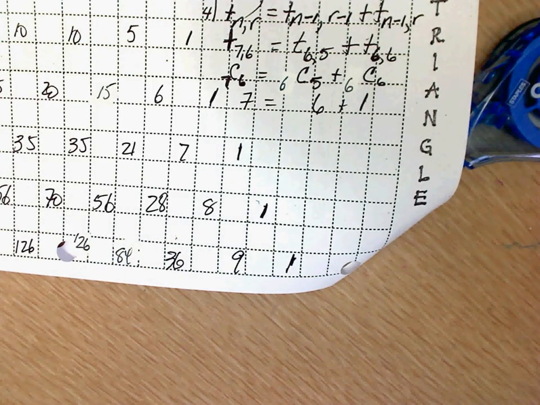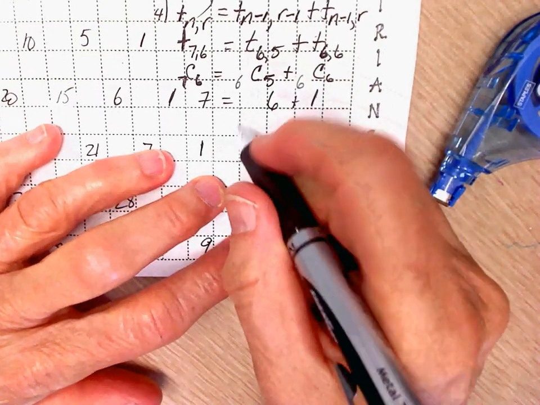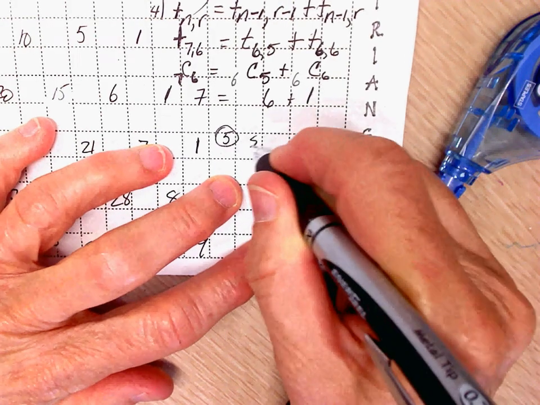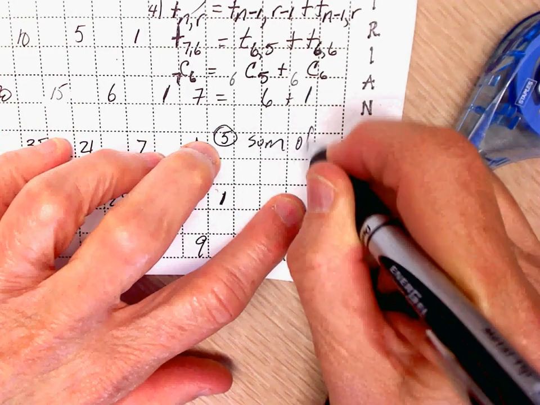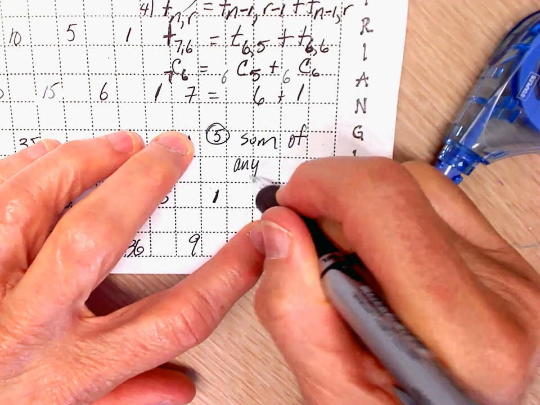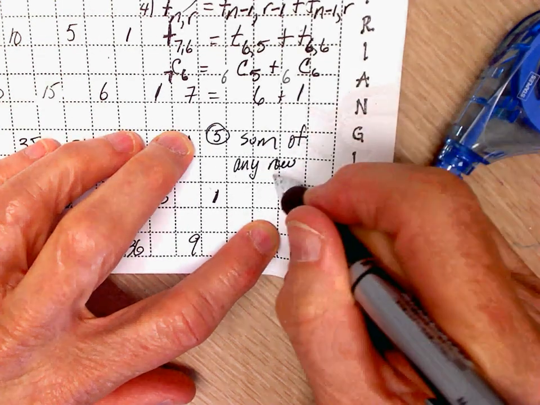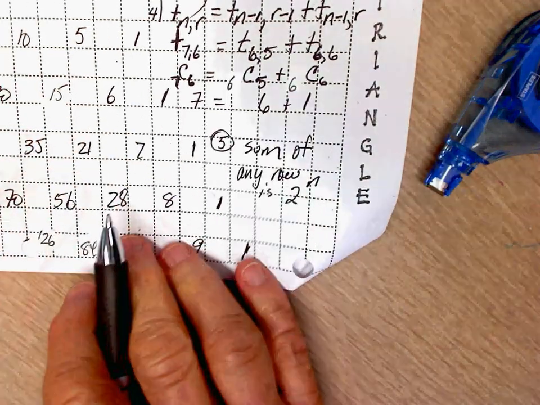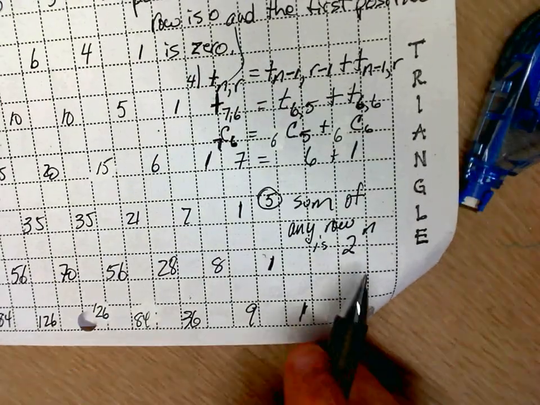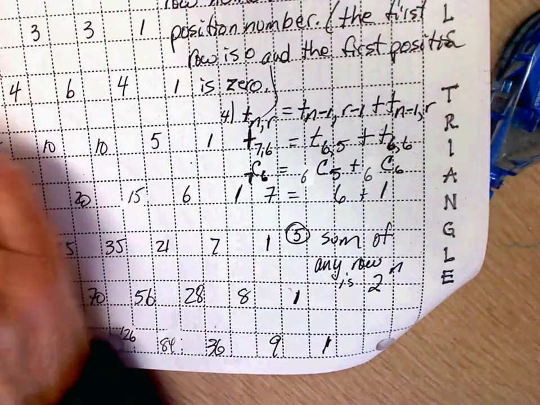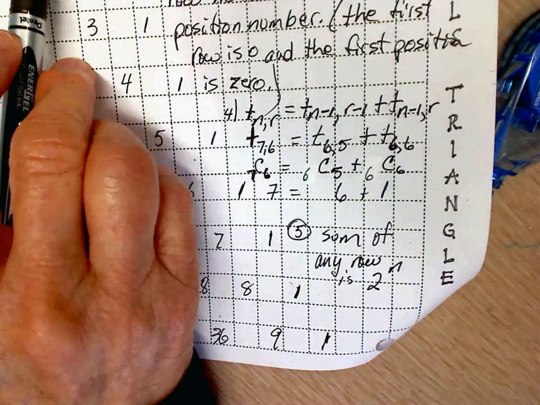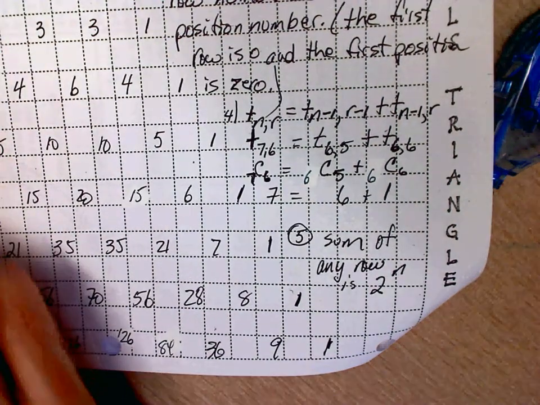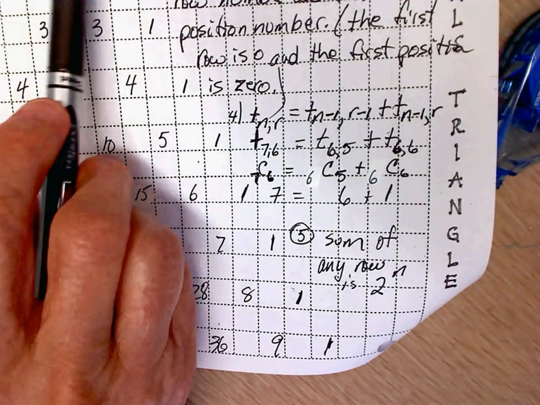Now, point number 5. The sum of any row is 2 to the n. And I want to show you that. Watch this. Here n is 0. 2 to the 0 is 1, right? Now, for this row, notice the sum is 2. 1 plus 1 is 2.